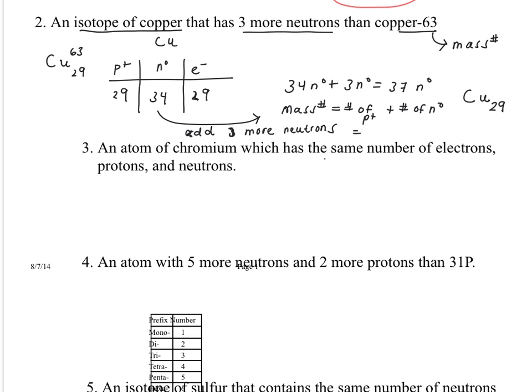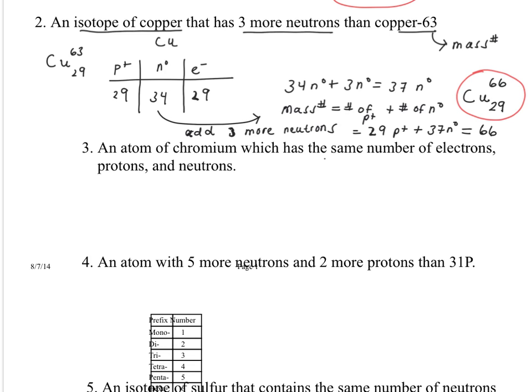In this case, the number of protons is 29, and the number of neutrons is 37 in our new isotope, which gives us 66. So our new mass number is 66. So the final answer for the new isotope of copper is copper-66 with the atomic number 29.